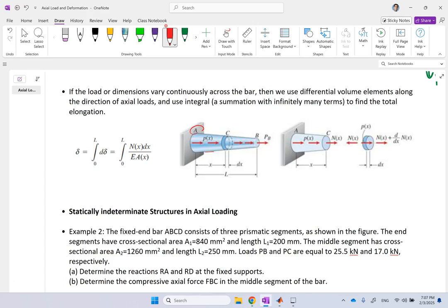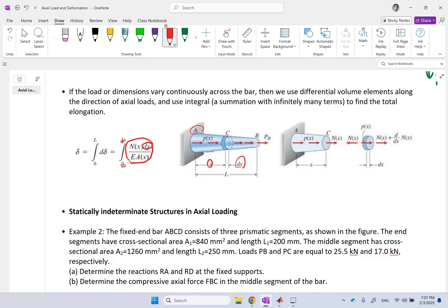Now, maybe your force is also not constant along the member, or it could be. But in general, what you need to do is to consider an infinitesimal element along the rod with length dx at location x, and then you find the infinitesimal elongation for that element, which is the axial force at that location, N of x, times the length of it, dx, divided by E times A of x, and then integrate all of these infinitesimal elongations from 0 to L. Now here, assume that E is constant all over the material.